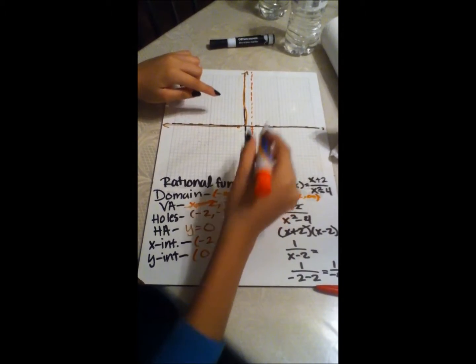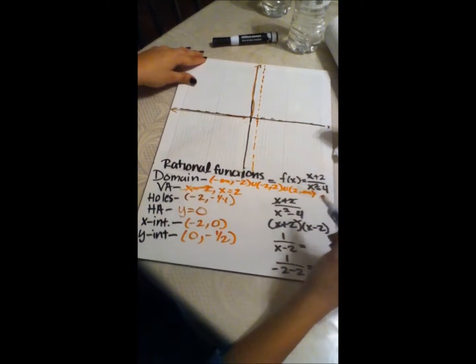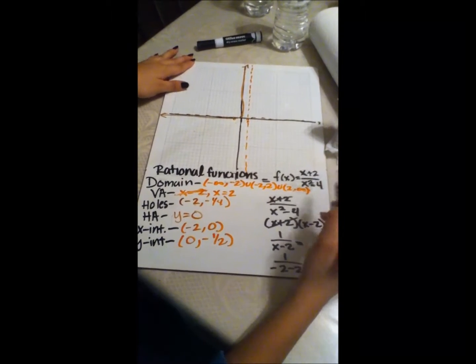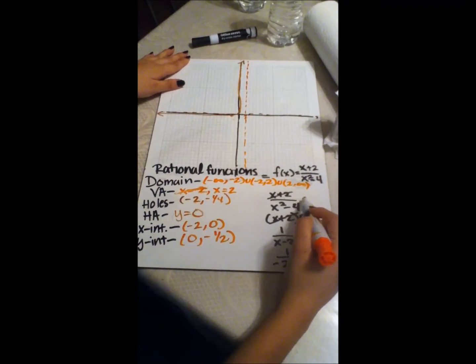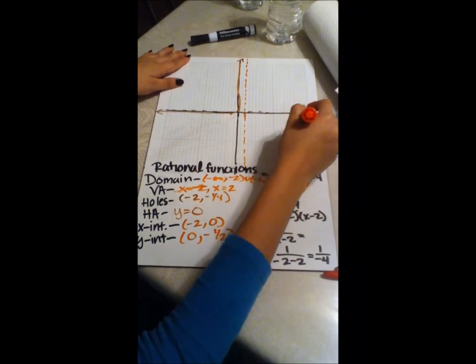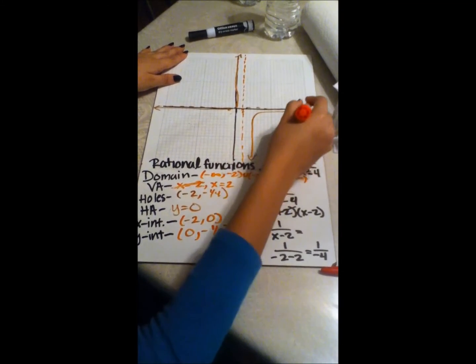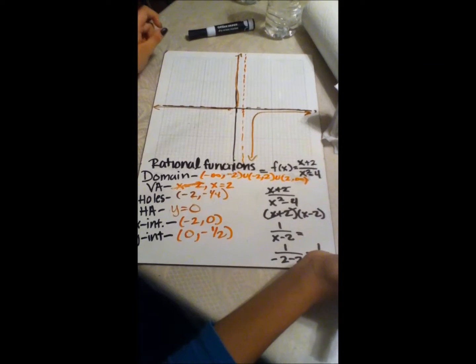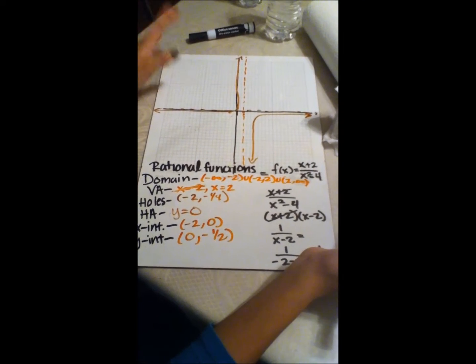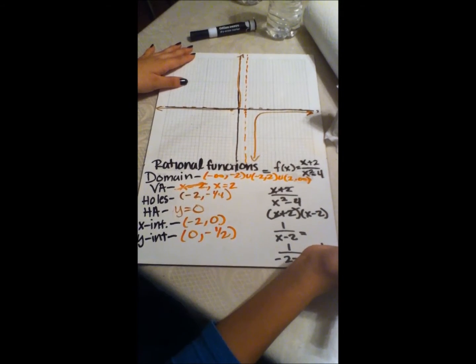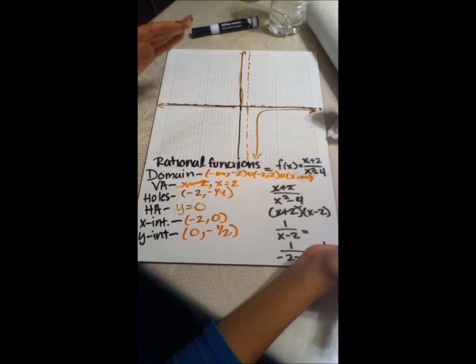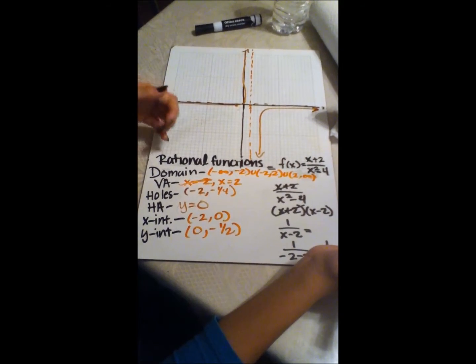That means that this has a multiplicity of 1, which will give us the other one that will go like that. And that's how you graph a rational function, and that's how you solve for a rational function.